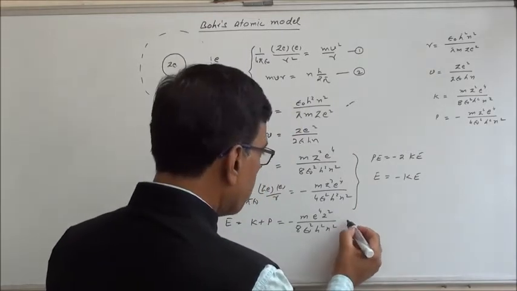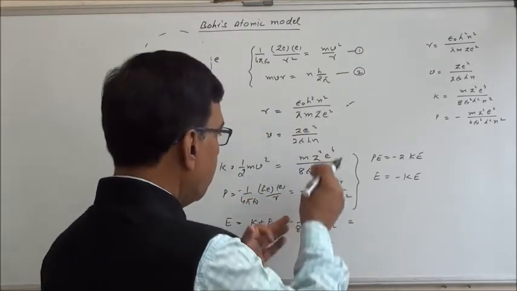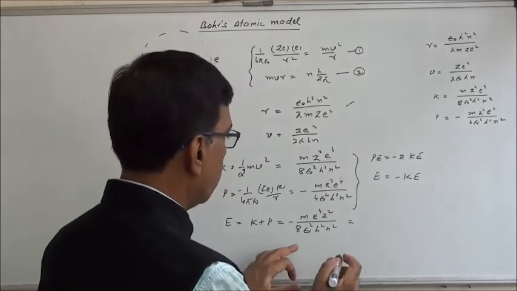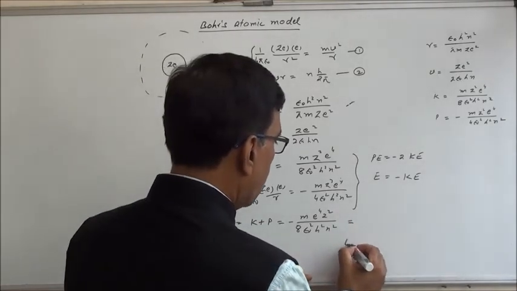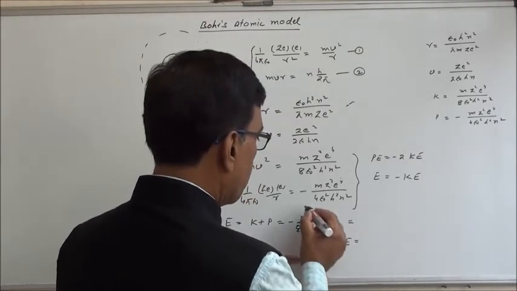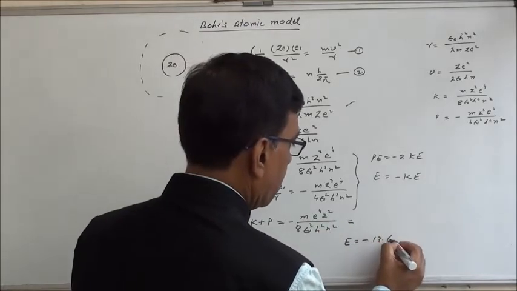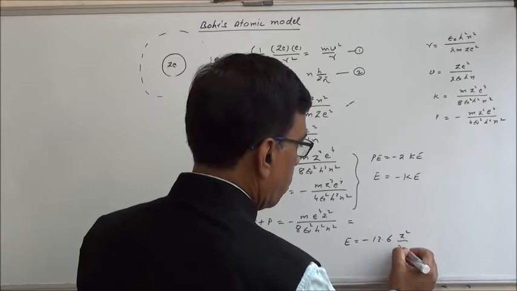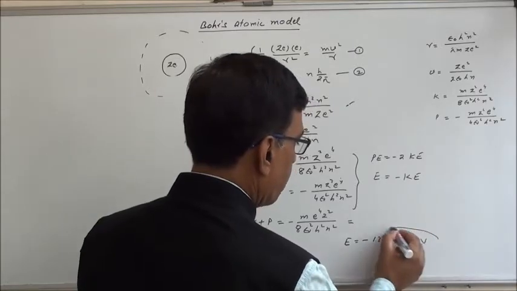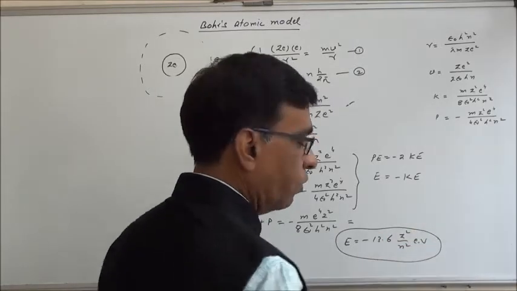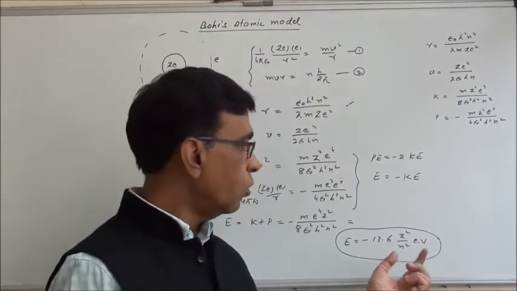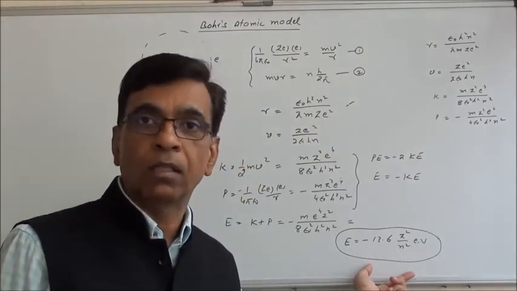And this also, 1 by lambda we will find out using this expression only, but for numerical purposes you can substitute all values except Z square and it comes out to be minus 13.6 Z square upon N square electron volt. This is an important and very useful expression. We shall be using it directly in numericals.